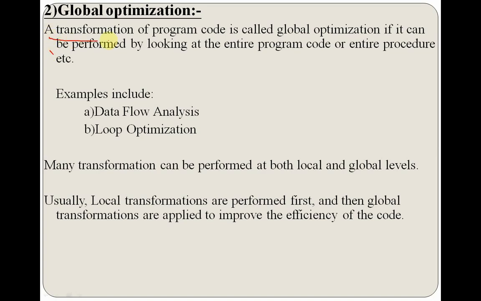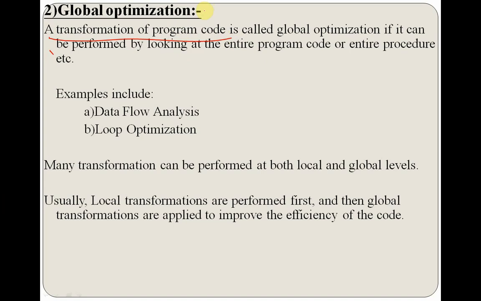A transformation of a program code is said to be global optimization if it can be performed by looking at the entire program or some entire procedure, etc. That means here we have to look beyond a single basic block.